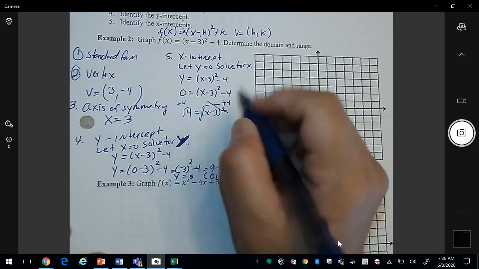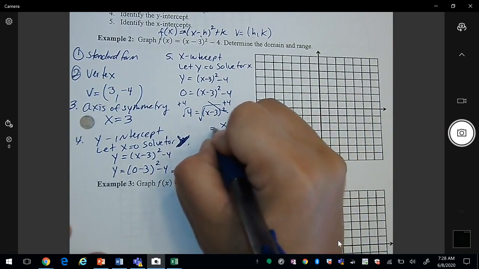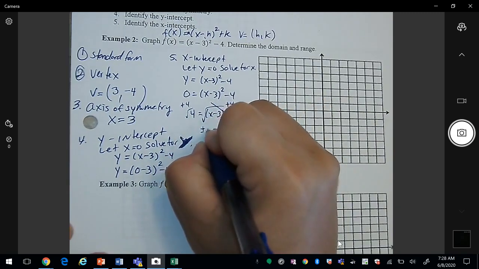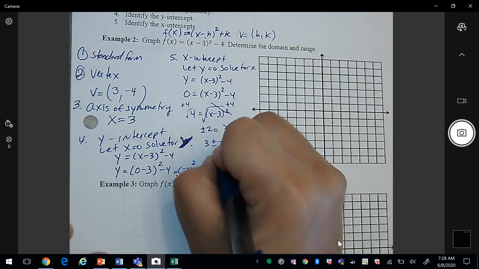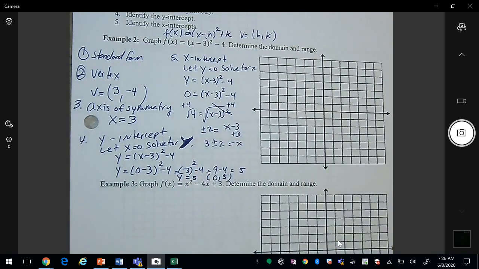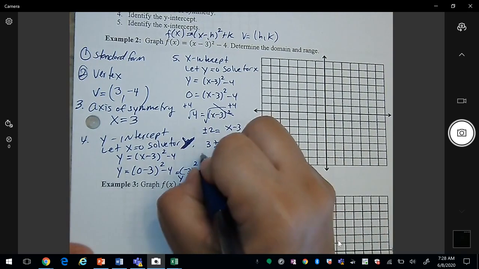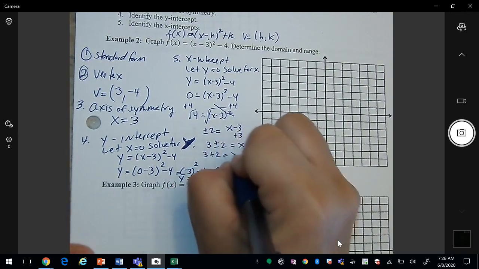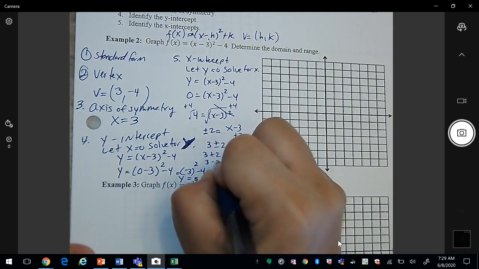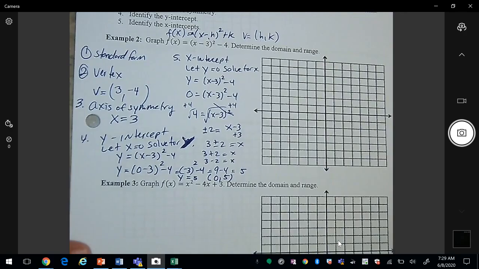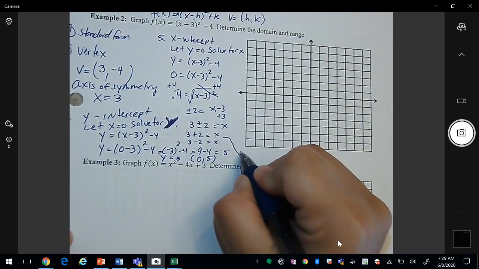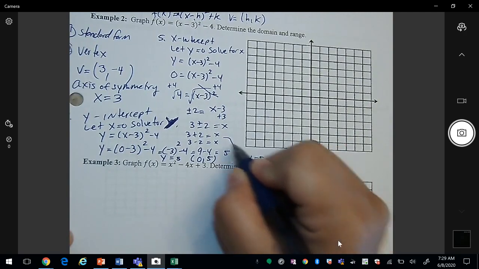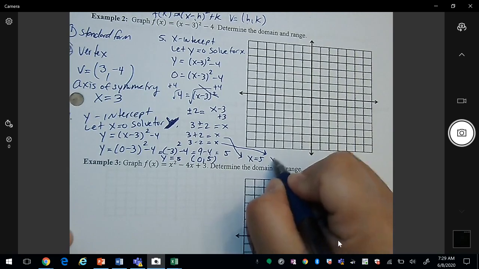The square root and the 2 become a 1. Square root of 4 is plus or minus 2. So we add 3 on both sides. So one answer would be 3 plus 2 is equal to x, and the other is 3 minus 2 is equal to x. So this answer here will be x is equal to 5, and this one is x is equal to 1.